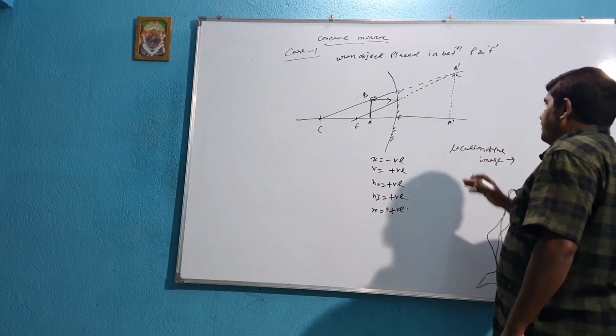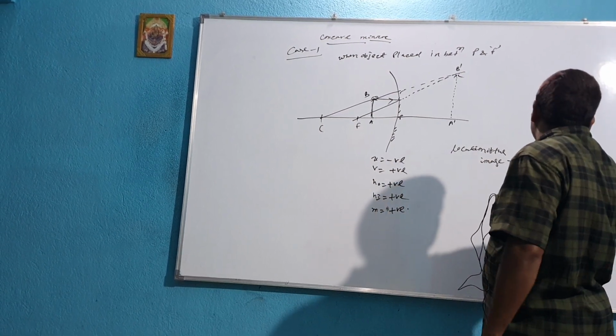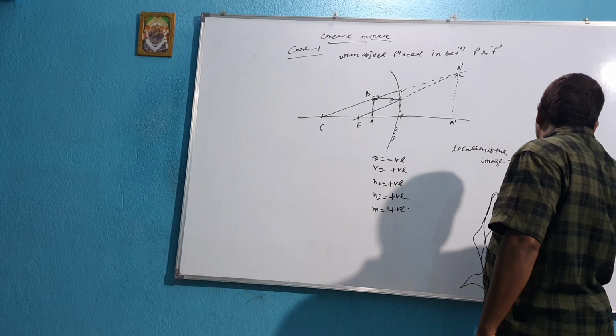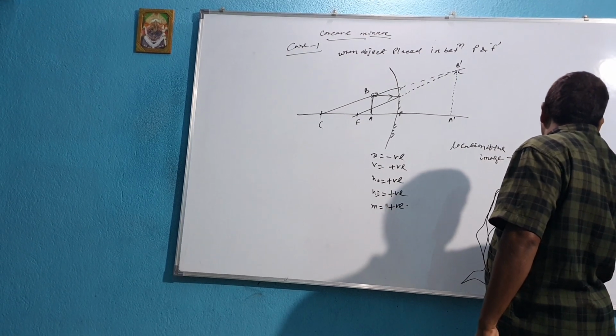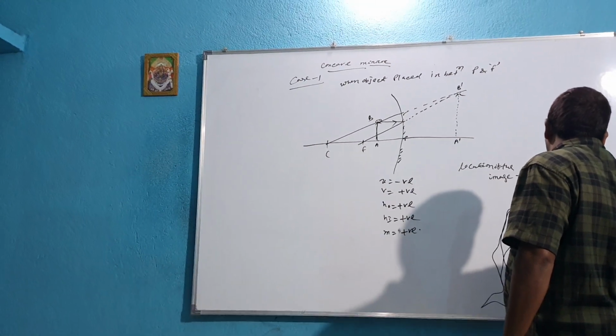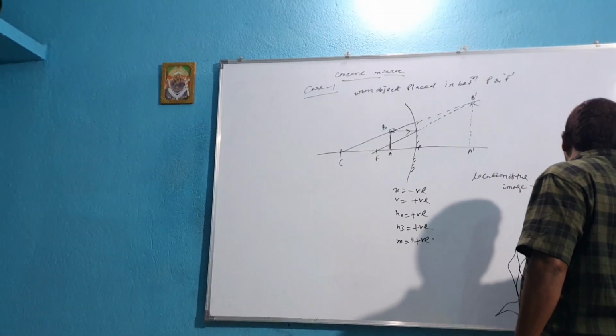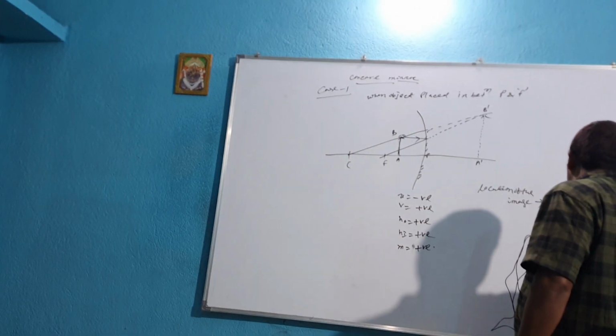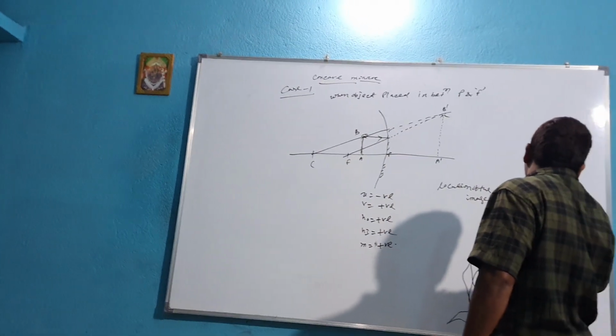Now location of the image. Image is formed beyond the mirror, means virtual.